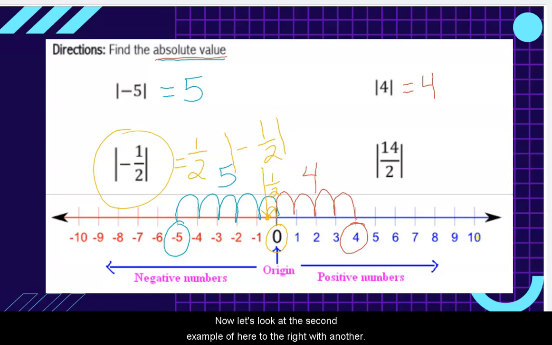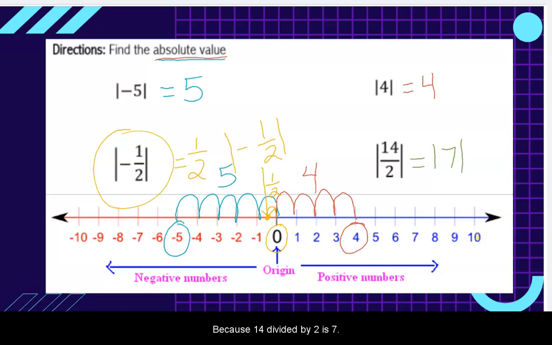Now let's look at the second example over here to the right with another number, and this is actually going to be an integer because if you simplify 14 over 2, you're actually finding the absolute value of 7 because 14 divided by 2 is 7.